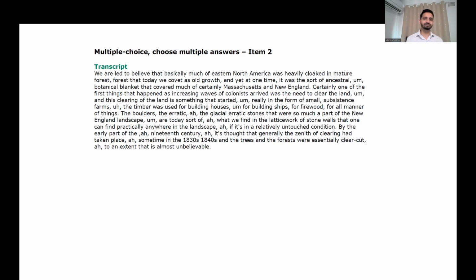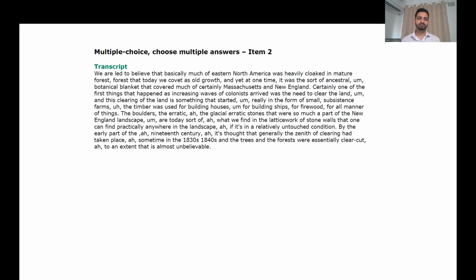This clearing of land is something that started really in the form of small subsistence farms. The timber was used for building houses, for building ships, for firewood, for all manner of things. The boulders, the glacial erratic stones that were so much a part of the New England landscape are today sort of what we find in the lattice work of stone walls that one can find practically anywhere in the landscape if it's in a relatively untouched condition.